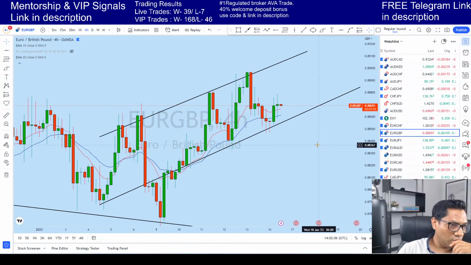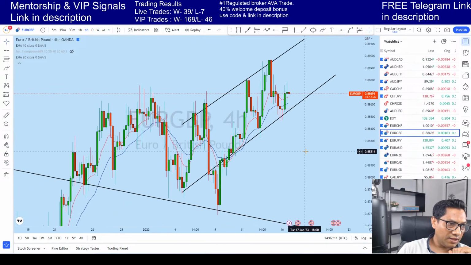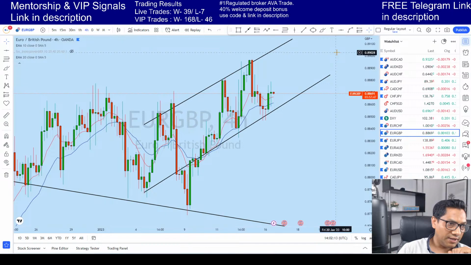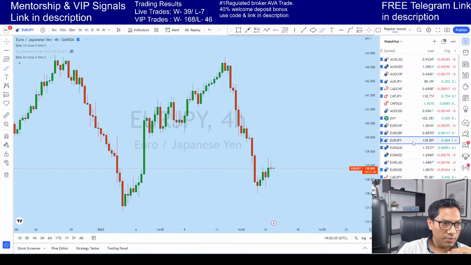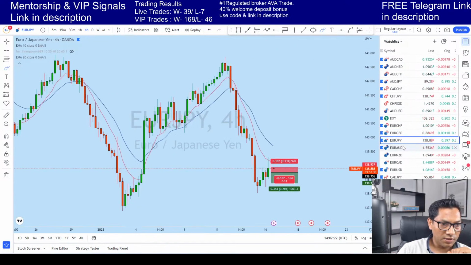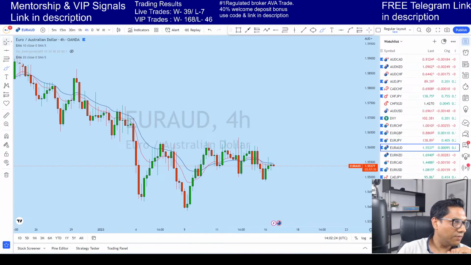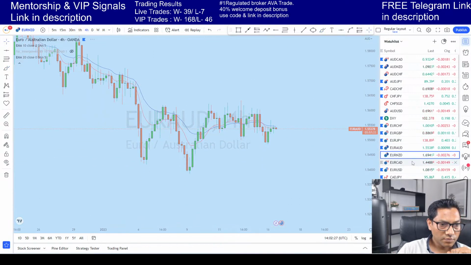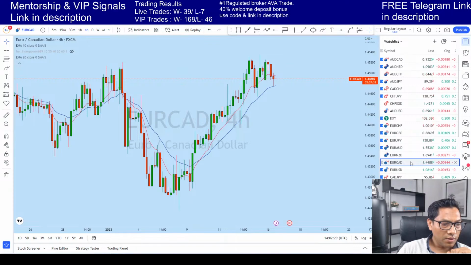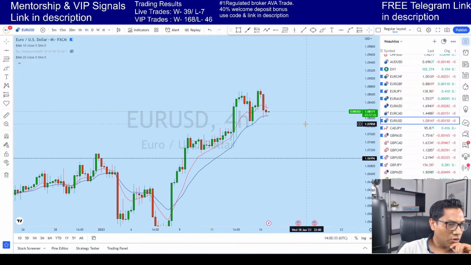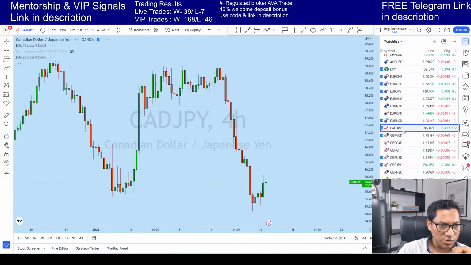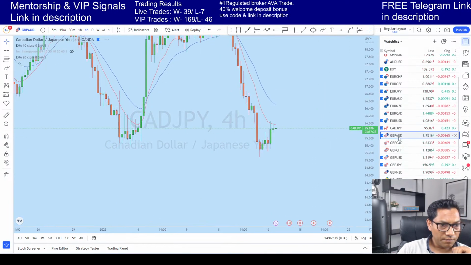Okay, we see that Euro GBP has formed in fact a doji, and I think it is highly likely that after testing this level we could see a bullish move. Let me look at all of these currencies to see which one is giving a setup, because there is a bit lower volume, not that much lower. You see a little bit slower price action.